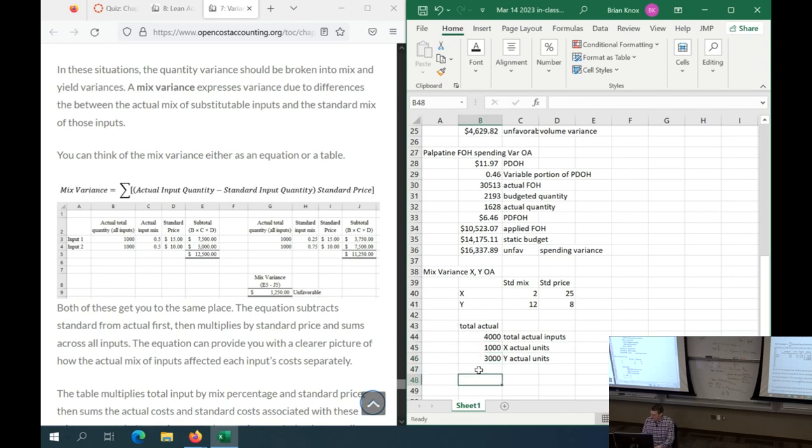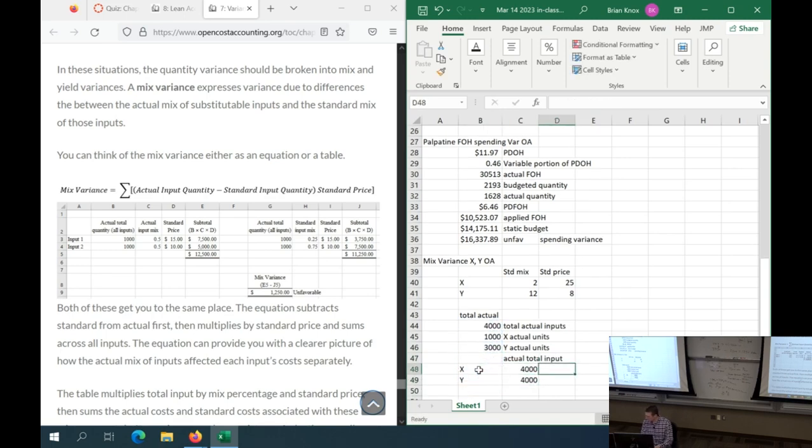So we're going to recreate this. We have X and Y. We have actual total input. It's just going to be that 4,000 for both. We have actual mix. I'm going to create the actual mix by dividing the amount for each input by the total amount. So we have 1,000 X units out of 4,000 total units. That's 25%. We have 3,000 Y units out of 4,000 total units. That's 75%.